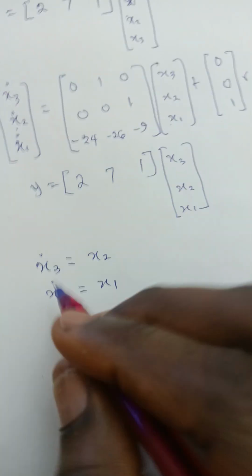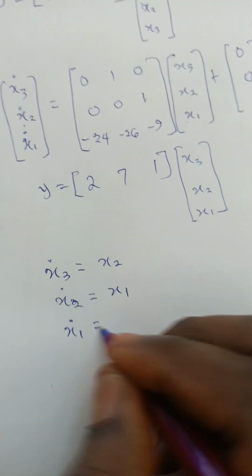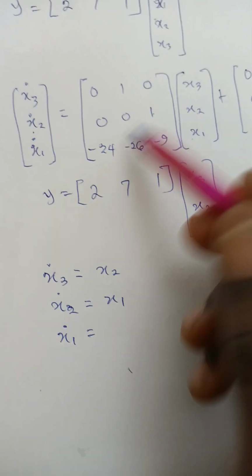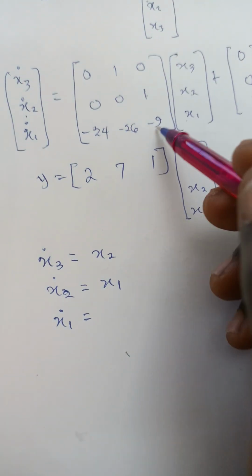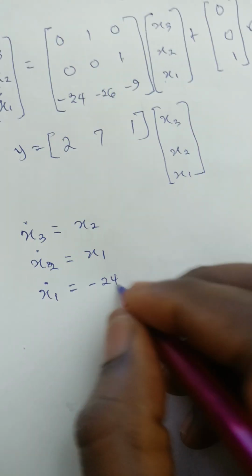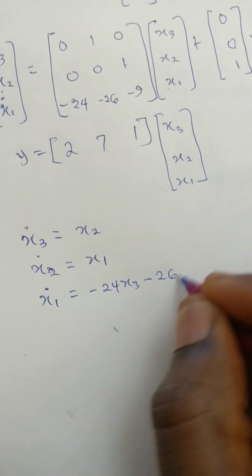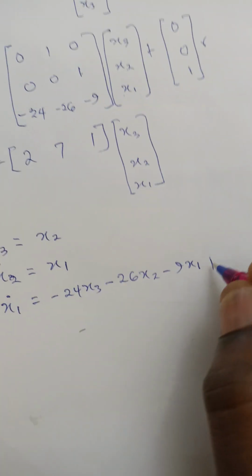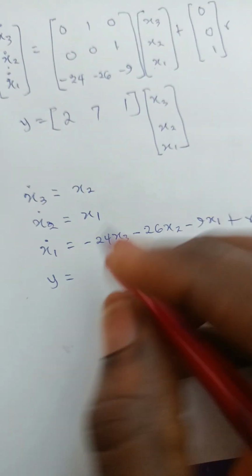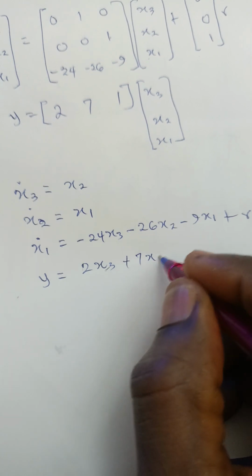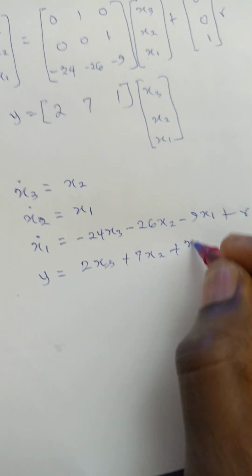Then x1 dots, when this multiplies this, multiplies this, multiplies this, we have minus 24x3 minus 26x2 minus 9x1, and then plus r. Then for y, which is the output, it's going to be 2x3 plus 7x2 plus x1.